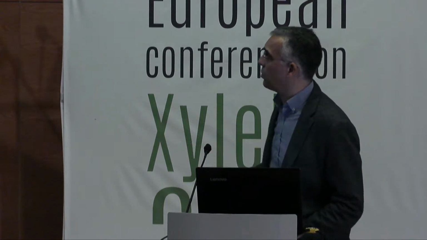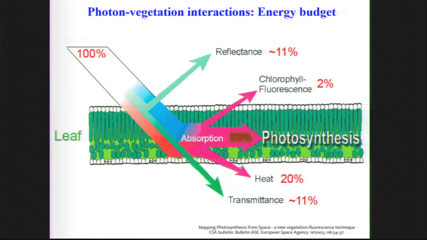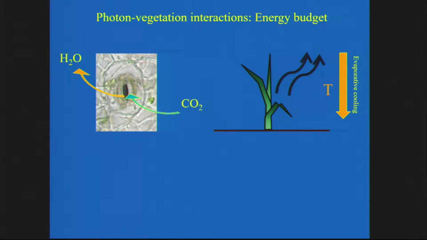It's not only that, also heat, not only through photosynthetic and non-photosynthetic quenching, but also normal plants which are under non-stress conditions, due to the exchange of CO2 and H2O. The transpiration makes an evaporative cooling. So under non-stress conditions, any plant that is transpiring will reduce the temperature.